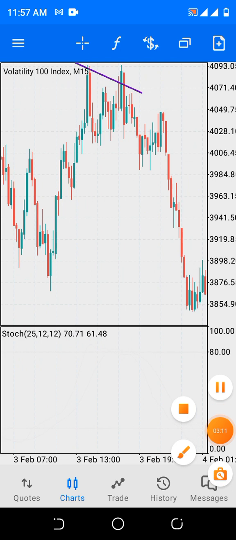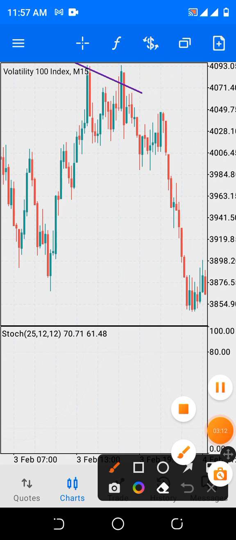Here is your top touch, and that is your entry point. Look at this point here. The top touch should be your entry point.